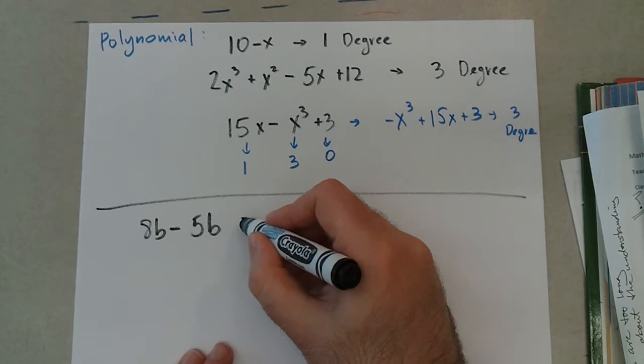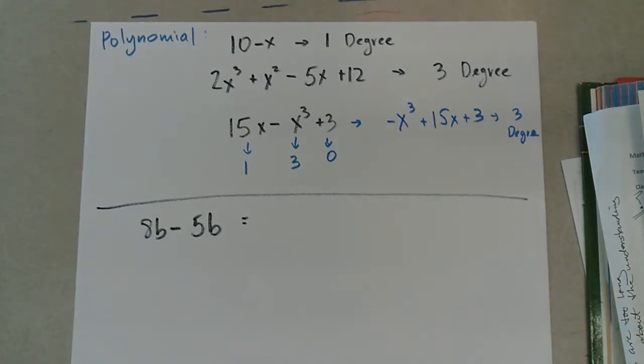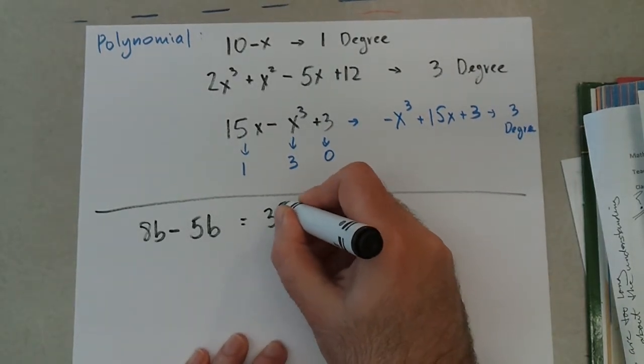If you have a situation like this where they're both of the same degree and they have the same variables, so both are b, both are of the first degree, then you can work them just like any other number. That is 3b.